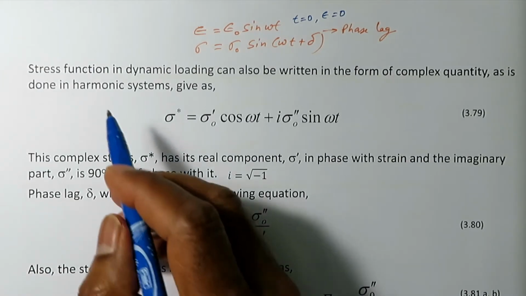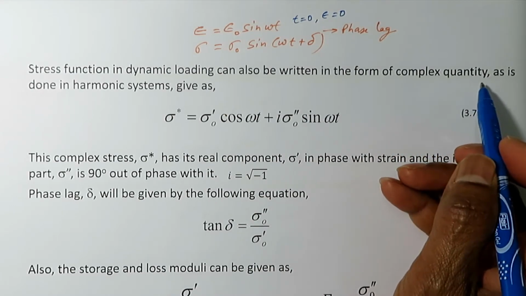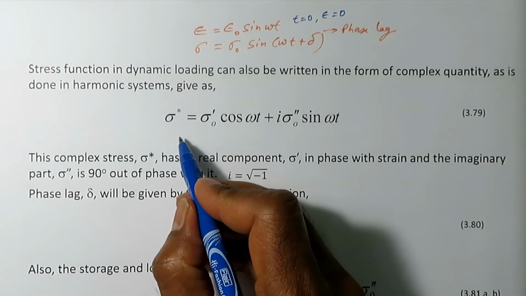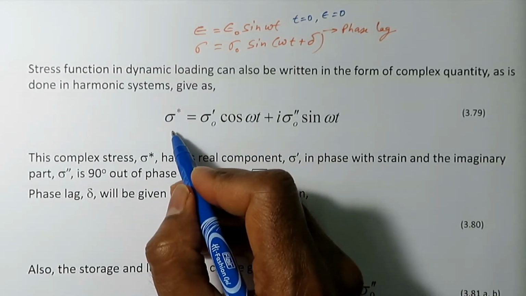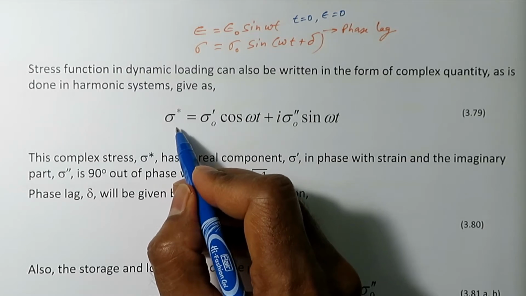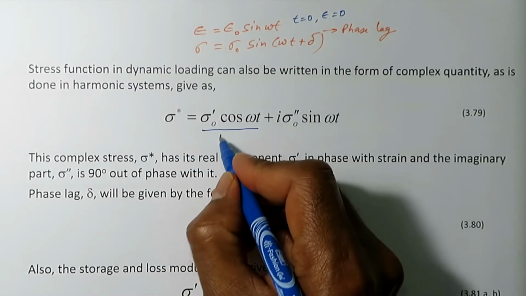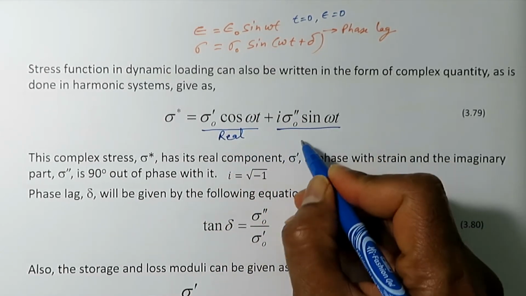Now the stress function in dynamic loading can also be written in the form of a complex quantity, as is done in harmonic systems. So for example, the stress can be given in this format where the complex stress is given as the real part and the imaginary part.